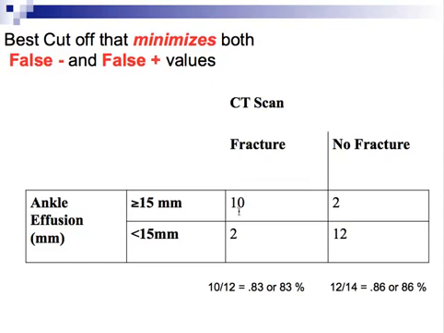And so we would end up with 10 true positives using this 15 millimeter cutoff, and then we'd have 2 false positives here. So these are our mistakes. That would lead to a sensitivity of 83% and a specificity of 86% using that particular contingency table.